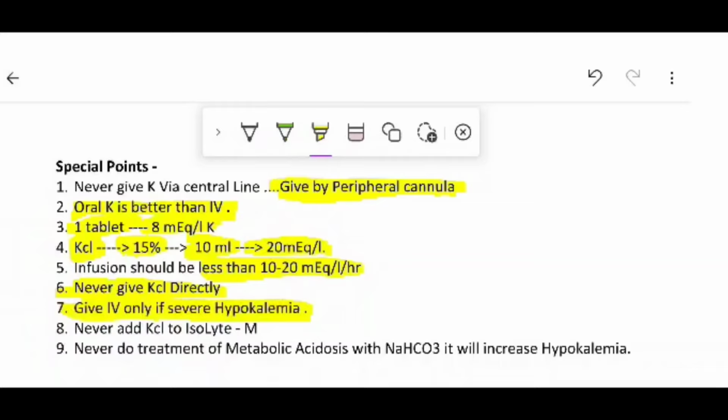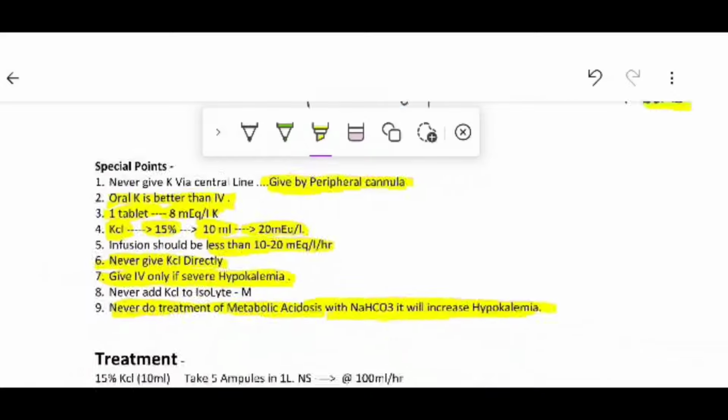Never add potassium chloride to Isolyte M. As you know, Isolyte M has the highest concentration of potassium, so never add both of them. And never treat metabolic acidosis with sodium bicarbonate, as it will increase hypokalemia. As you know, metabolic alkalosis is associated with hypokalemia, so never treat high metabolic acidosis with sodium bicarbonate.